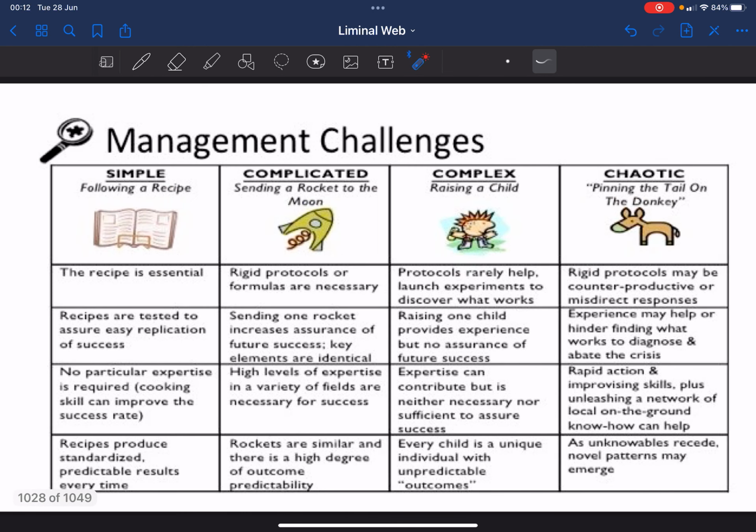So regardless of which tool we're using to map and have this conversation, we end up having the same general conversation, and that some situations are simple, where we can just follow the recipe. It's essential. It's time tested and true, and you don't need any particular expertise to execute the recipe. And it's just follow the damn standardized procedure every time.